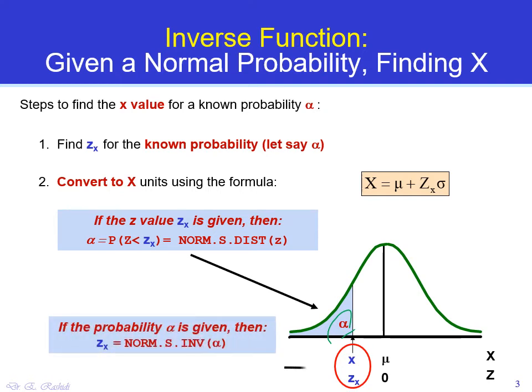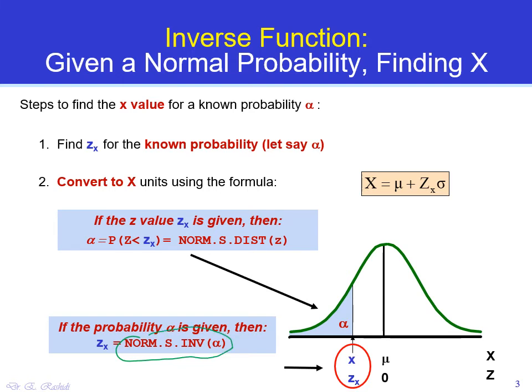If the probability of alpha is known, we are looking for z of x or x. So we can use the z distribution table as we did before, with the steps that we mentioned, or we can use Excel to do that. The Excel function is norm.s.inv of alpha.